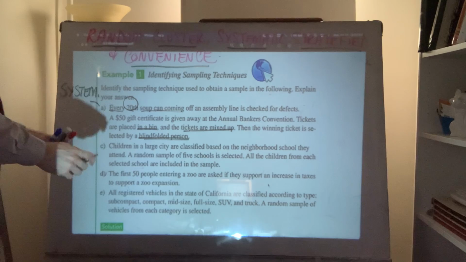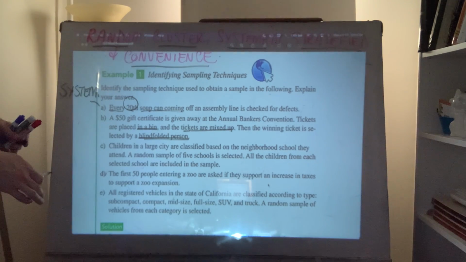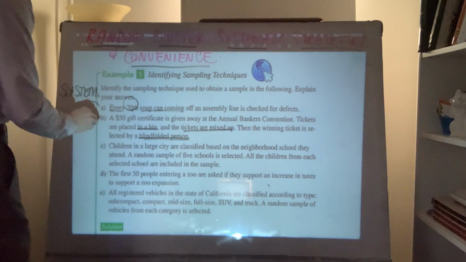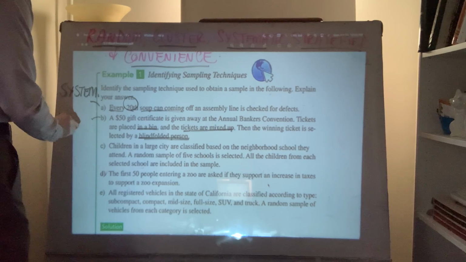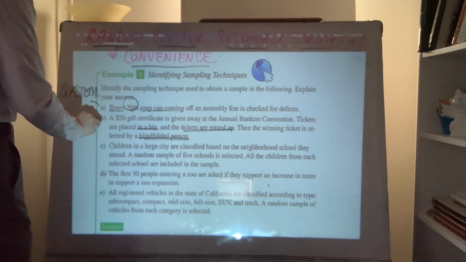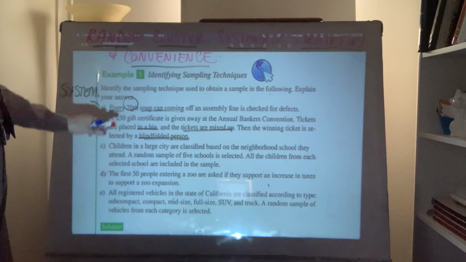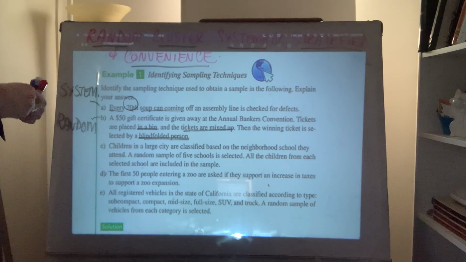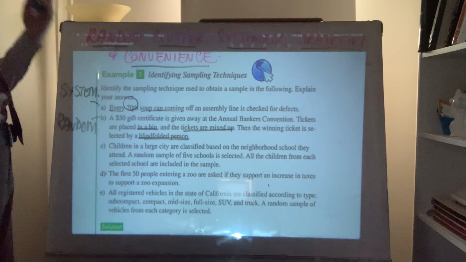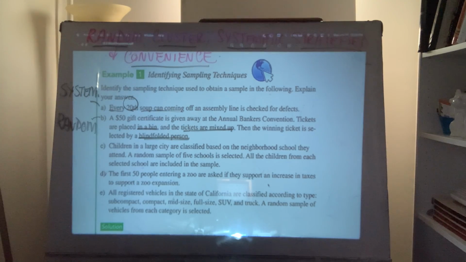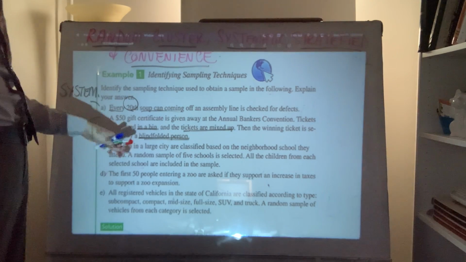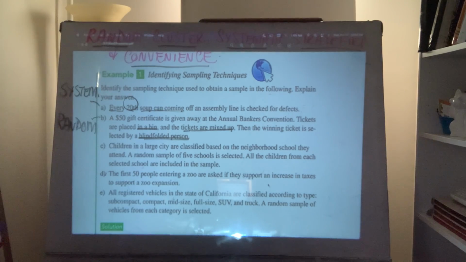So without saying the word, this would describe random selection.